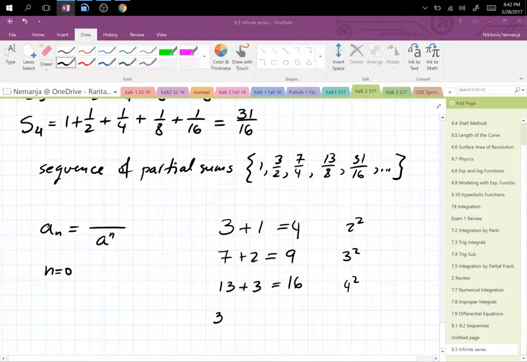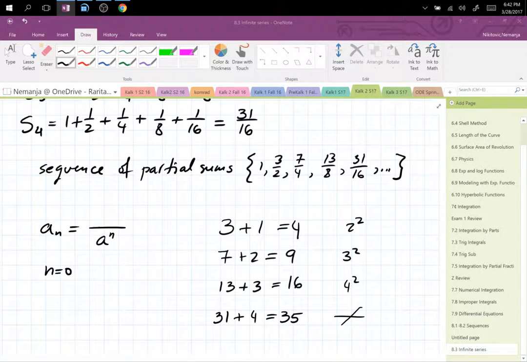Now 31 is 4 units from 35, and that breaks the pattern, unless it was 32, which would make 36. No. Can that be a 25 there? Did I add this correctly? Yeah, I did that correctly. So it breaks the pattern.